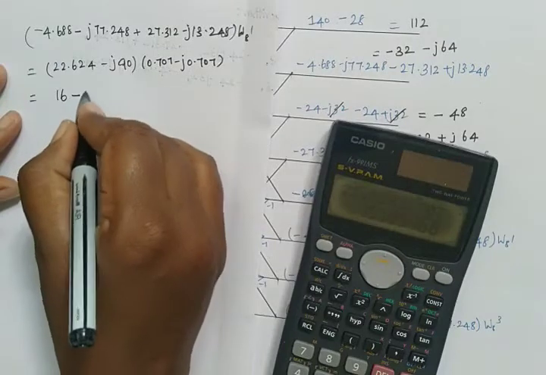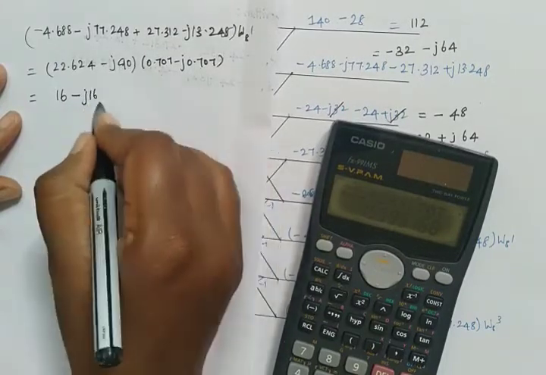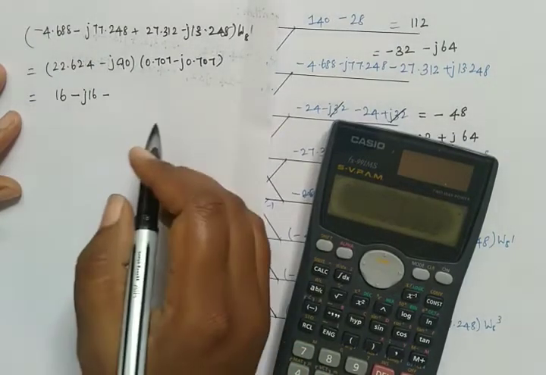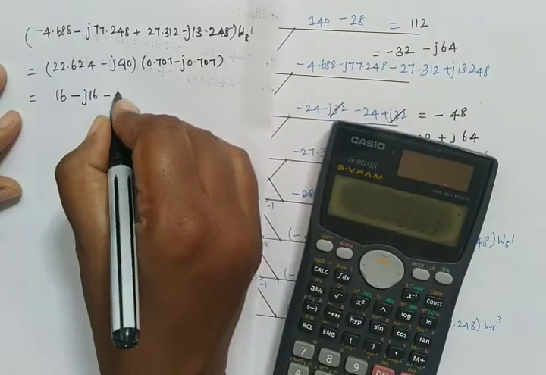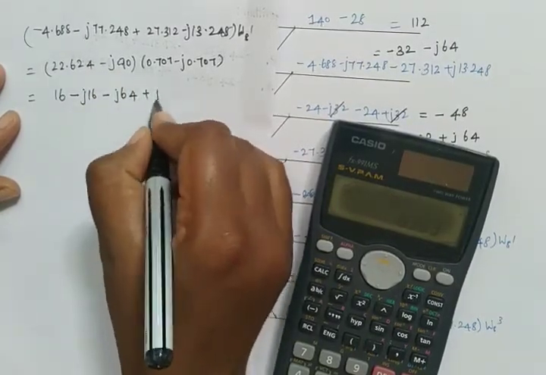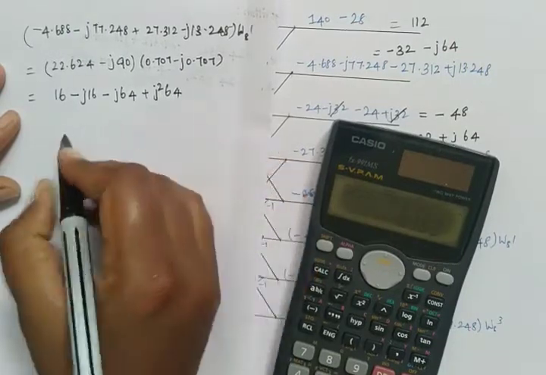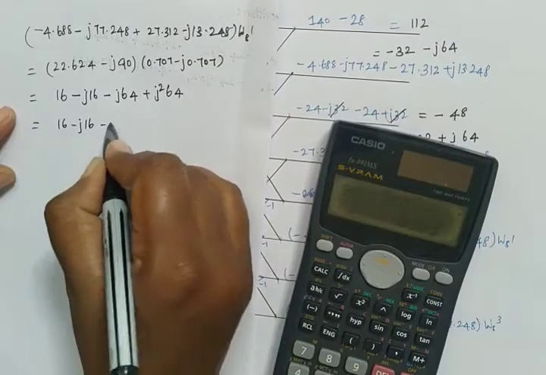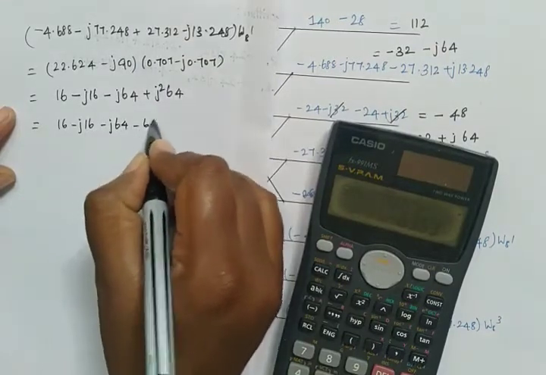Then minus j 16. Here we have minus 90 into 0.707, which is equal to 63.6, so we can write that as j 64. Then minus into minus plus j square 64. So we can write this as 16 minus j 16 minus j 64 minus 64.